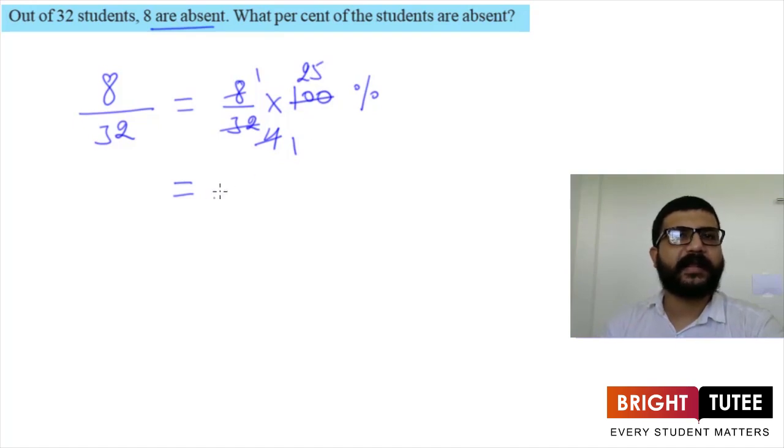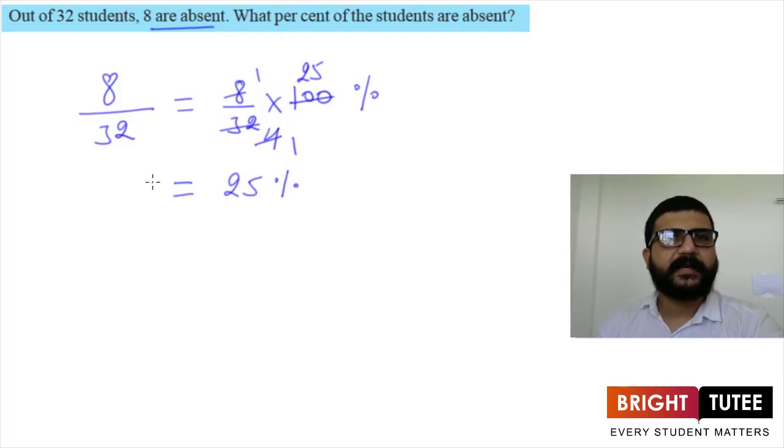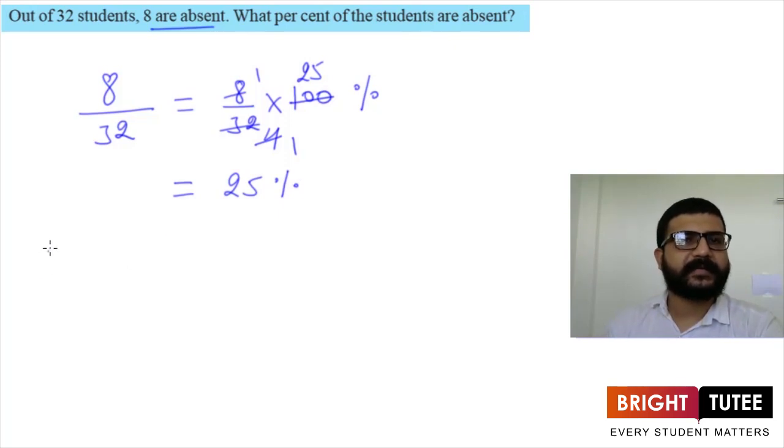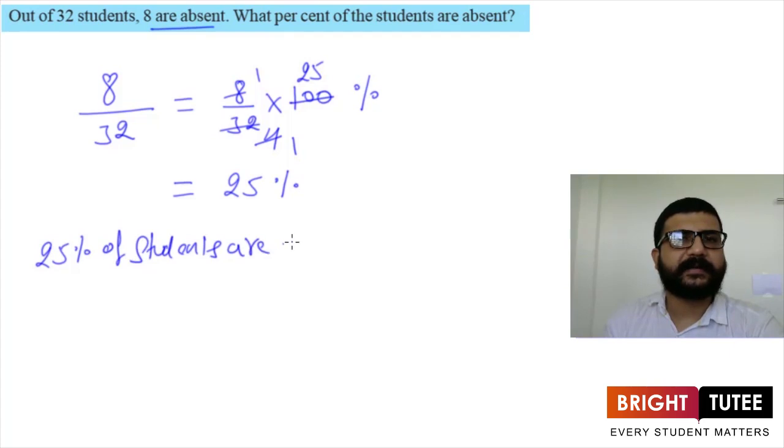So finally we have 25%. So it means the percentage of students who are absent is 25%, or we can say 25% of students are absent. We can write it like this: 25% of students are absent.